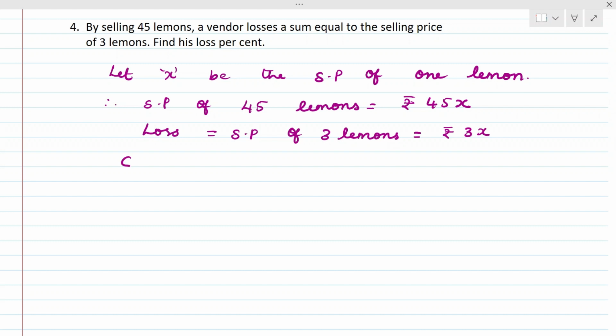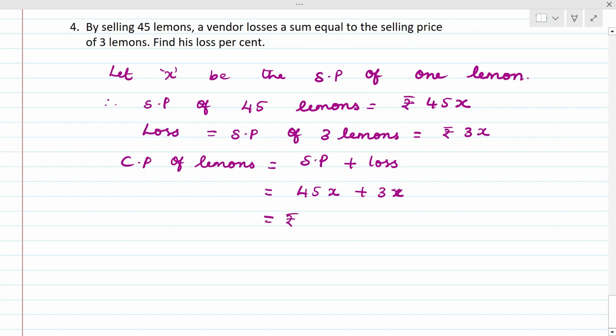Now we have to find out the cost price of all the lemons. The cost price of the lemons is equal to SP plus loss. SP is 45x plus loss 3x, so total CP is 48x.